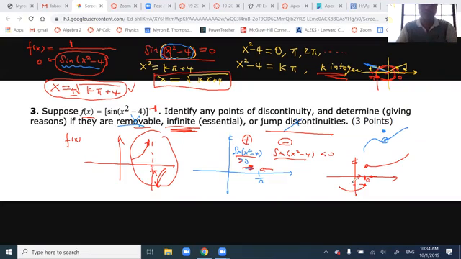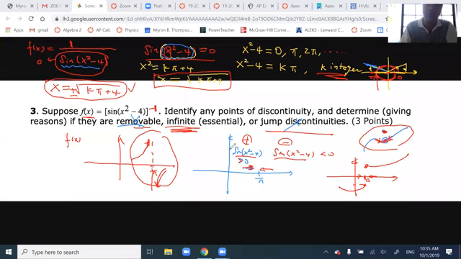So far you have different kinds of discontinuity. You have removable, which is this one: the left limit equals the right limit, just not equal to the value of the function, or the value of the function is not defined. So you can define the function at this point to make it continuous.